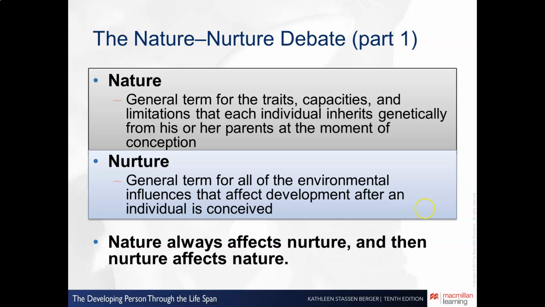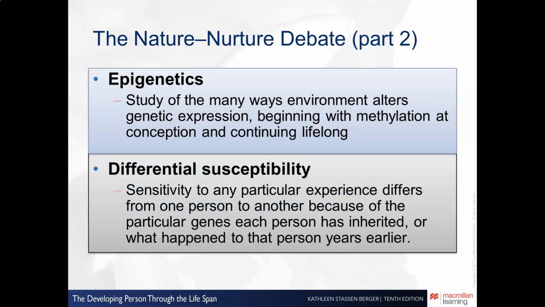So one thing that's important is I did put a reminder note down here that nature always affects nurture, and nurture always affects nature. They work interdependently. A couple of terms here just really quick for this slide, and the first term is epigenetics, and that's the study of how the environment actually can alter genetic expression.